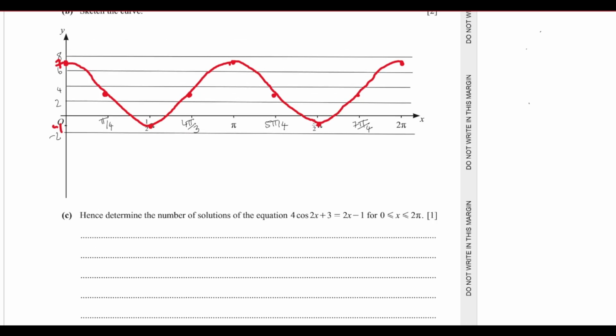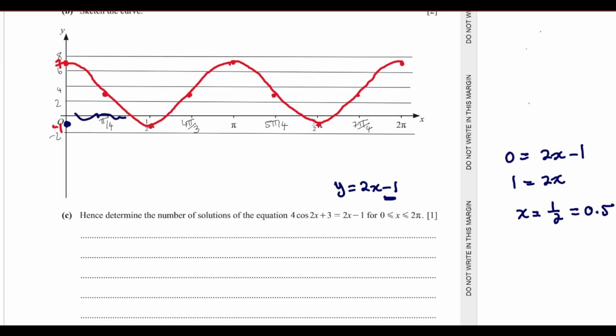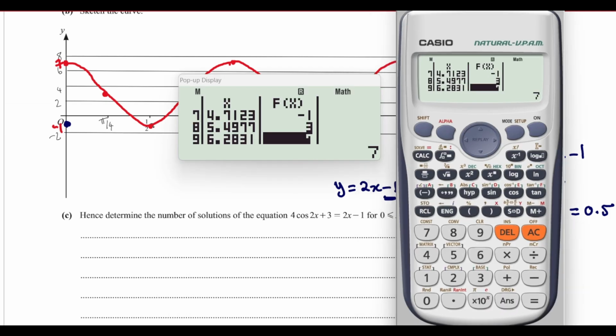That's a straight line, y equals 2x minus 1, which means it's going to cut the y-axis at -1, but we need another point to draw it. Let's get the x-intercept. 0 equals 2x minus 1, so 2x equals 1, so x equals half, which is 0.5. Now where is 0.5 on our grid over there?